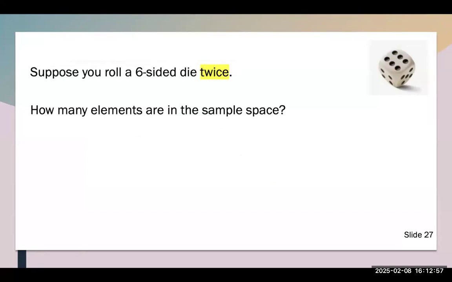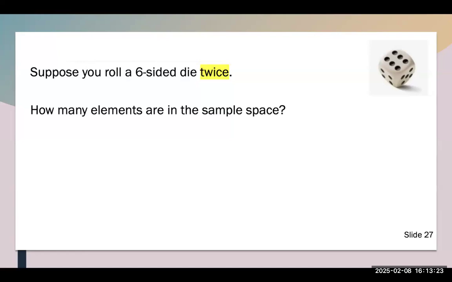But this time is a little more complicated because when we roll a die, we have 6 options for the first roll, and 6 options for the second roll. So I could get, for example, a 1, 1, but I could also get a 1, 2, a 1, 3, a 1, 4, a 1, 5, a 1, 6. But my first roll could have been a 2, and my second roll a 1, so I could get a 2, 1, a 2, 2, a 2, 3, and so on.